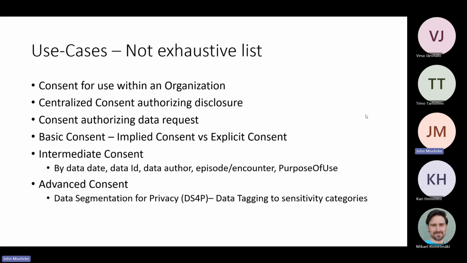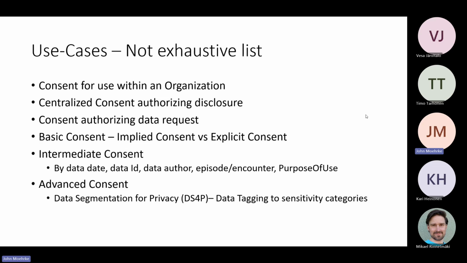Or data by author. Hey, there's this particular doctor I go to for alcohol abuse treatment. Anything that doctor has authored, I don't want. Or an episode or an encounter. Or explicitly purpose of use. So these are some easier to implement vectors because they're just common elements in any data that is healthcare specific. They don't require you to add a data tagging service.